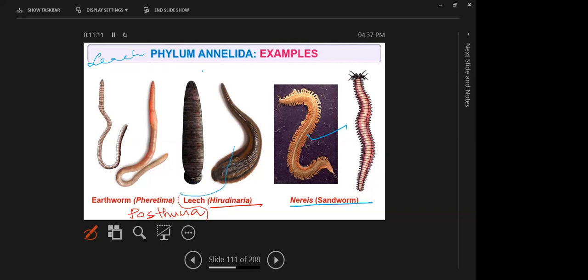They're used in leech therapy. Why? To reduce the blood content? No. Is it for blood clots? Blood clots, exactly. Hirudin is the substance which they have discovered.